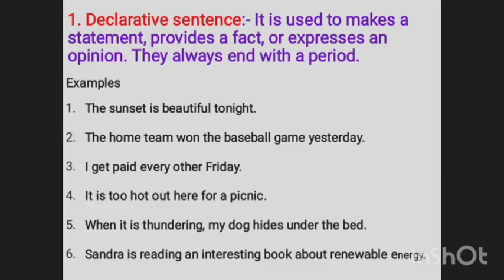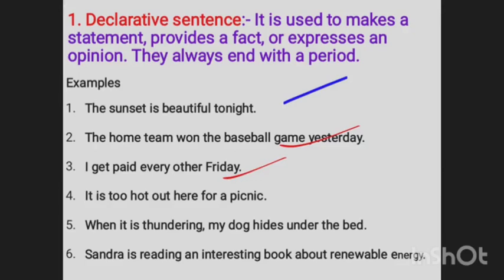Alright. Now look at these examples we have. The sunset is beautiful tonight. The home team won the baseball game yesterday. Another example is, I get paid every other Friday.